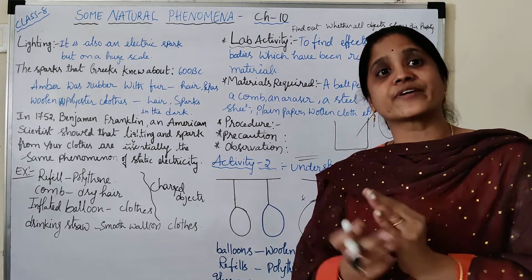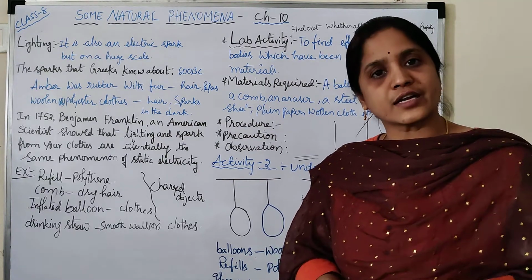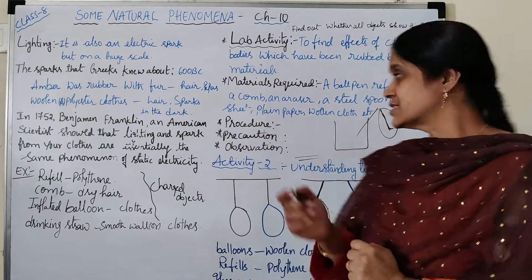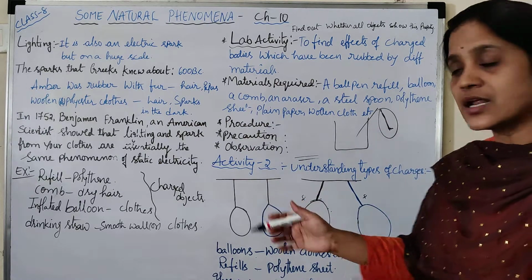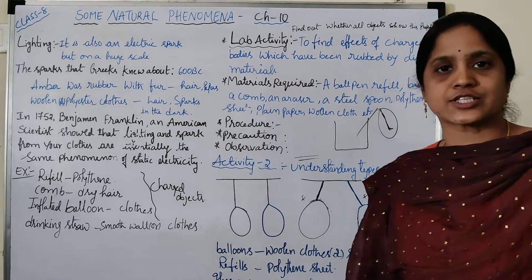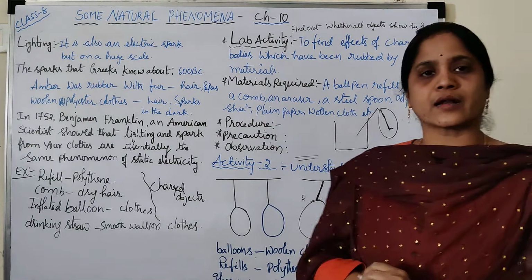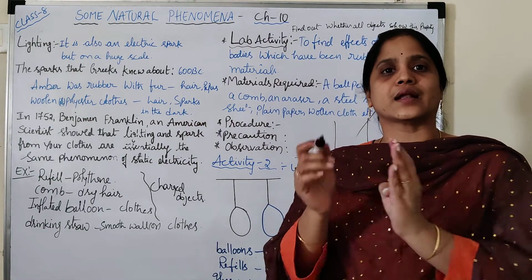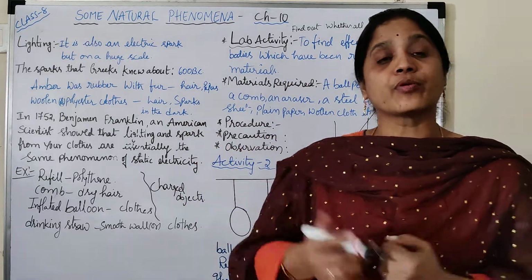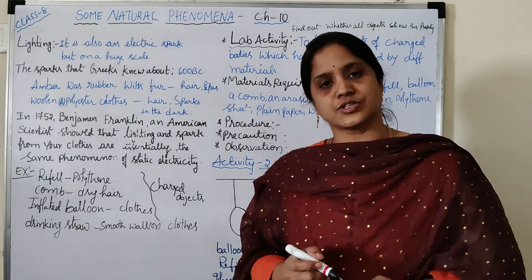Due to that, the objects acquire different charges on their bodies, and due to those different charges, you can find an attraction between those objects. See, with the same refill there is repulsion, but when you bring the refill near the charged balloon, you can find an attraction. So with electric charges, like magnets, like poles repel each other and unlike poles attract each other. Like that, here like charges repel each other and unlike charges attract each other.